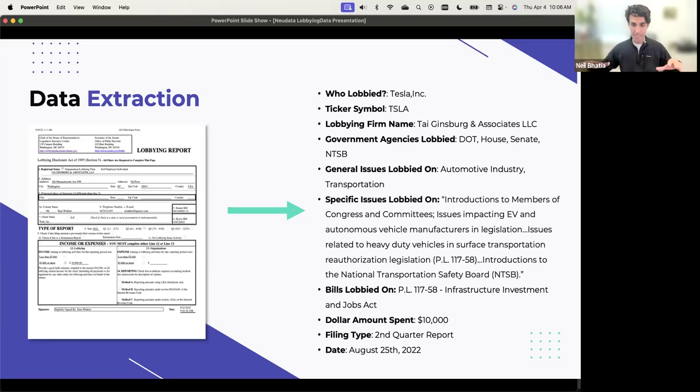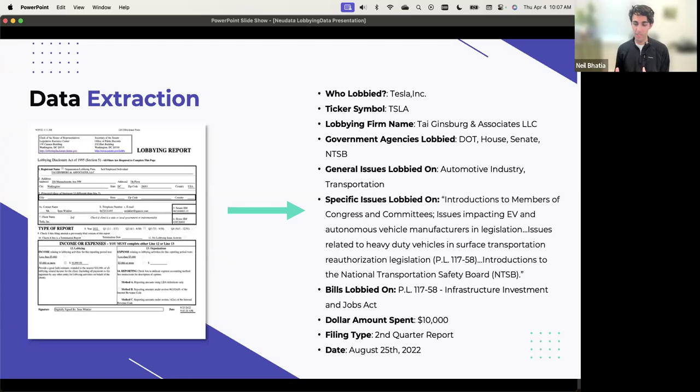Just picture a CSV with a row that captures exactly that lobbying form. So this is from, I think, two summers ago, where Tesla had hired a well-known lobbying firm called Ty Ginsburg and Associates. They spent around $10,000 to advocate on the Infrastructure Investment and Jobs Act to the Department of Transportation and other government agencies.